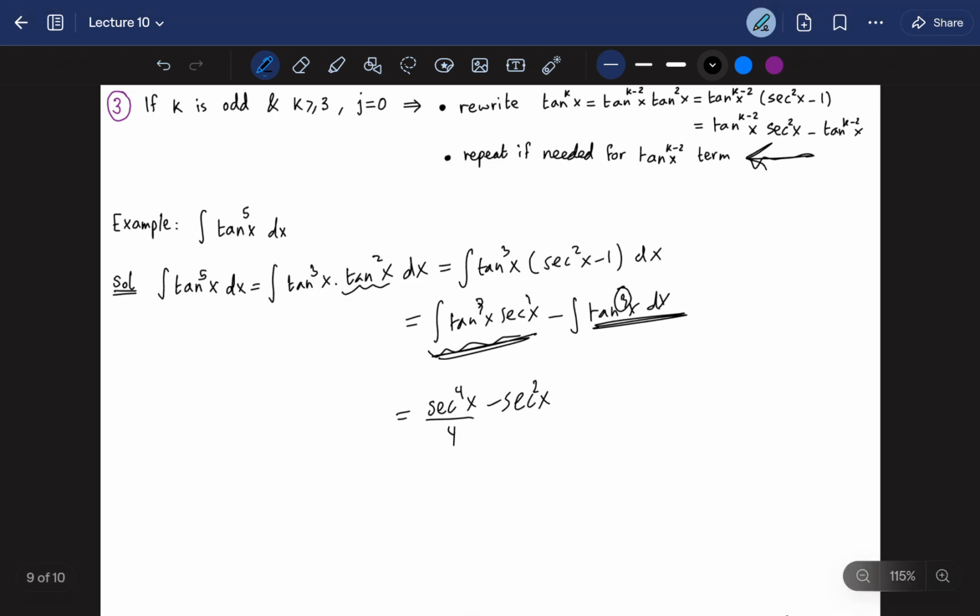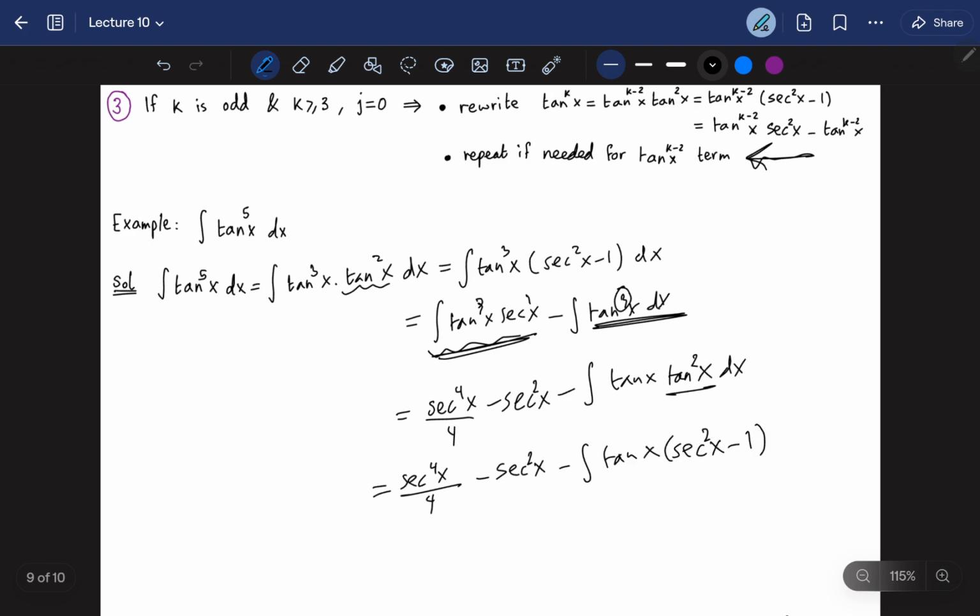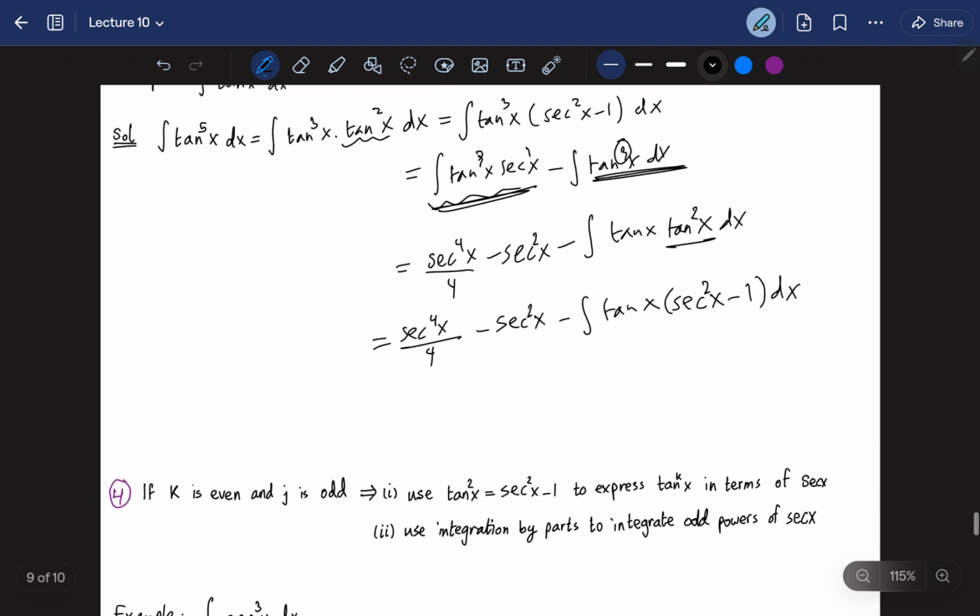Now here I need to apply this process again. We separate the tan by taking tan squared by itself. Then tan squared is just the secant squared minus 1 dx.